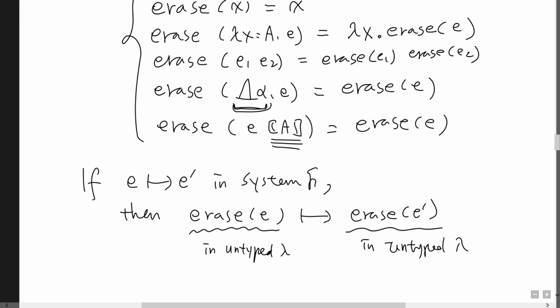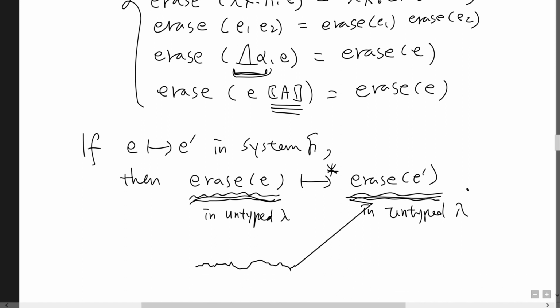And actually, this is not quite correct because it may be that erase expression E and erase expression E prime might be identical. So for instance, if these two expressions are equal, then still you should be able to show that they are somehow related under reduction.